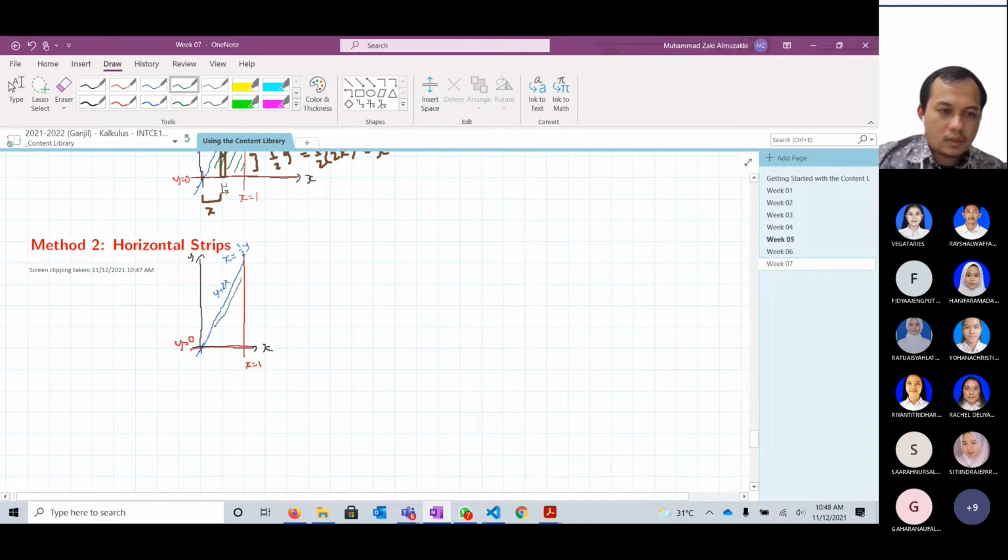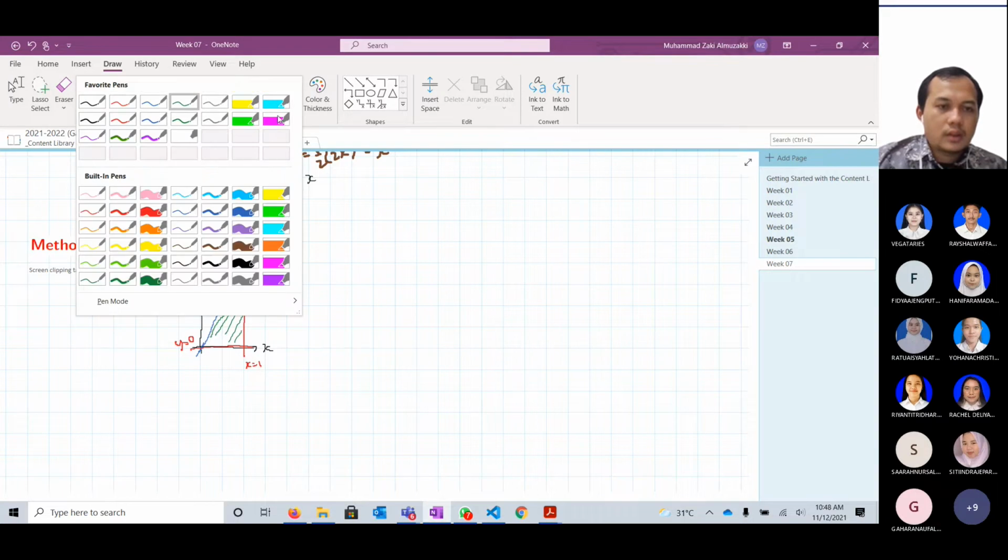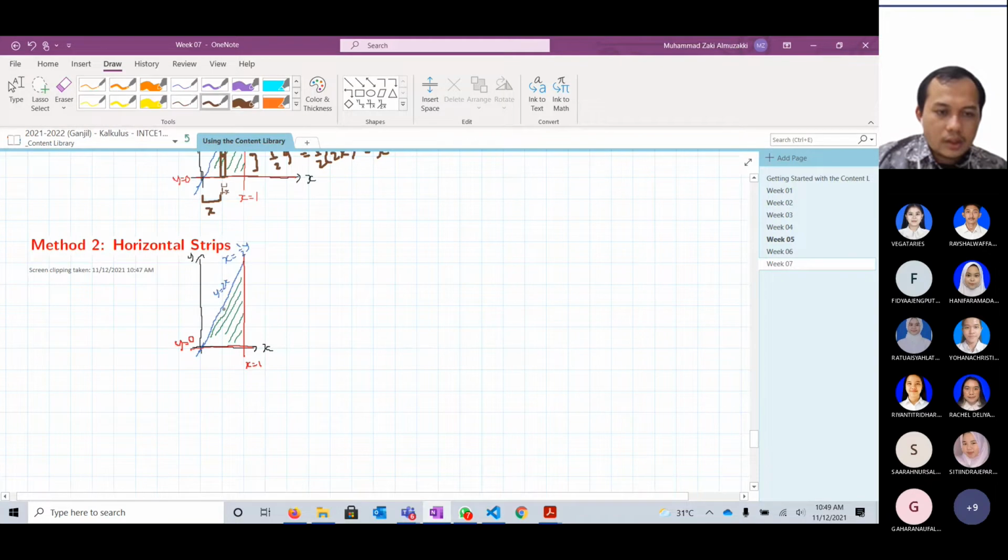So now we want to take the horizontal strips instead. In this case, we take this horizontal strip and the center of mass is here, this dot in the middle.